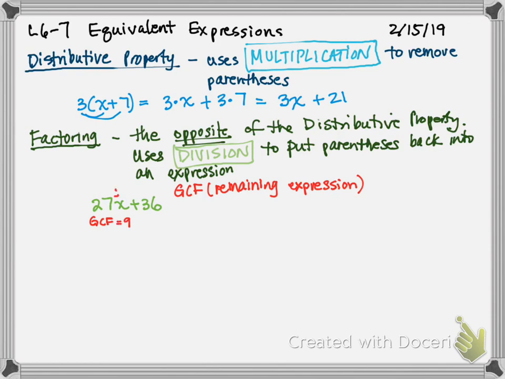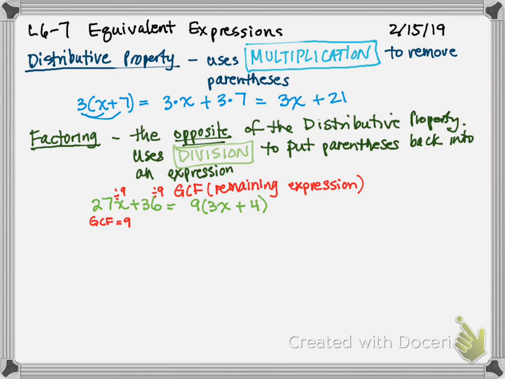So I'm going to divide both of these terms by 9. That gives me 9 on the outside, and left behind is 27x divided by 9, which is 3x, and then a plus, and 36 divided by 9 is 4.